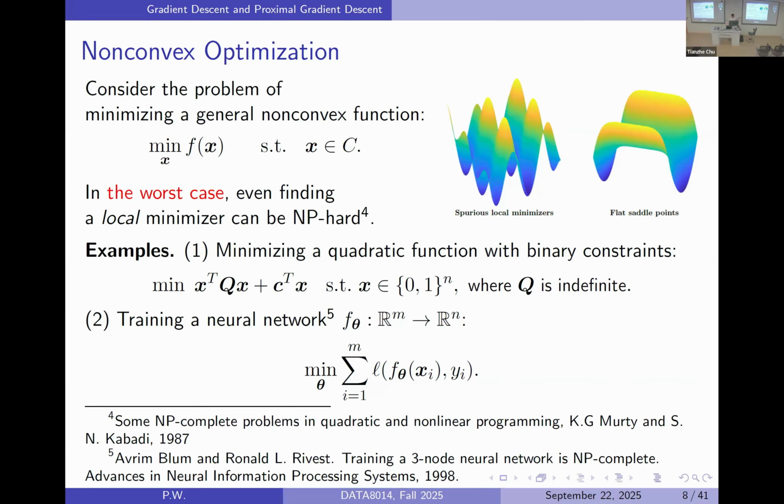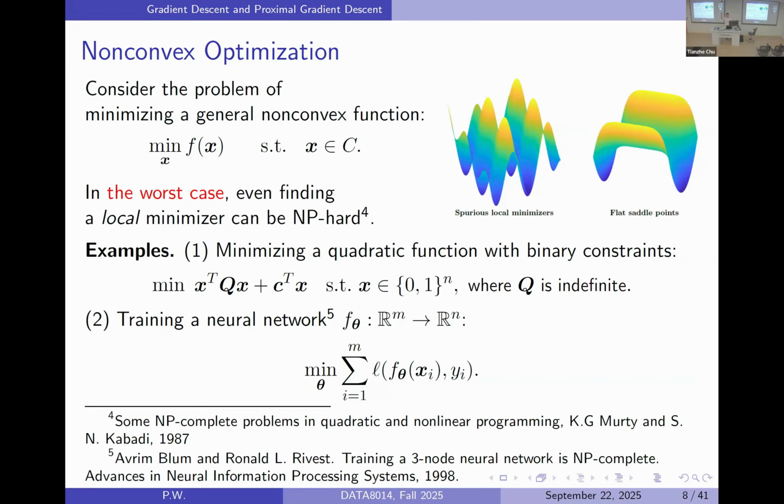Okay, here we consider some typical examples. The first one is minimizing a quadratic function with a binary constraint. You can see here the objective function is a quadratic function plus a linear function, right? And for the quadratic function, the matrix Q could be indefinite. So the objective function may not be convex.